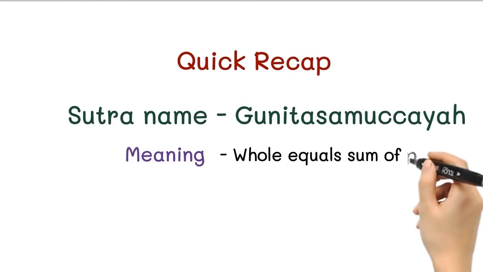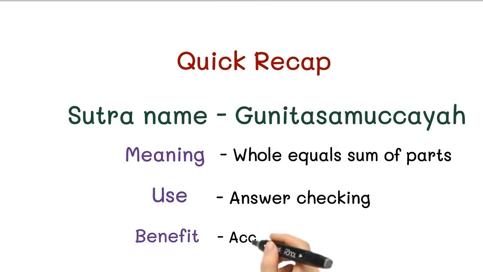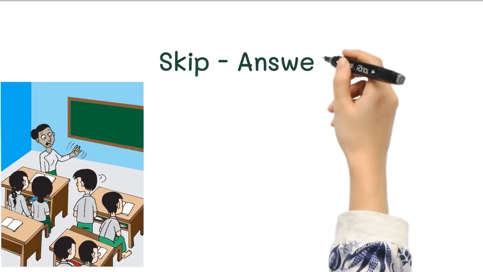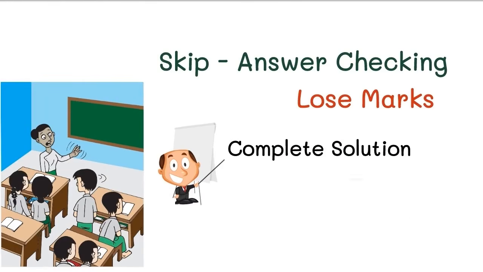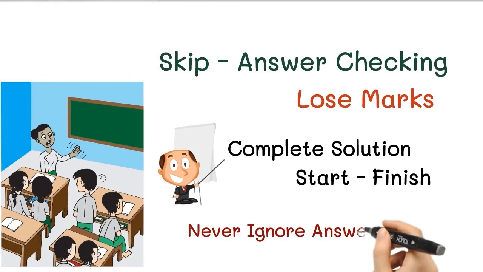Meaning, whole equals sum of parts. Use, answer checking. Benefit, accuracy and confidence in exams. Many students skip this checking step and lose easy marks. In the upcoming detailed video, I'll show you a complete example solution, from start to finish, step by step, and once you see it, you'll never ignore answer checking again.